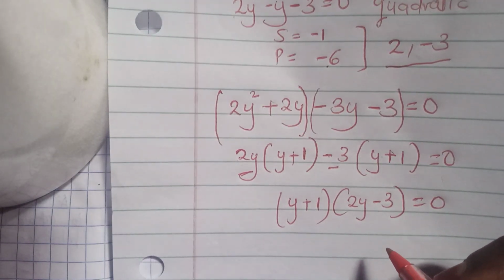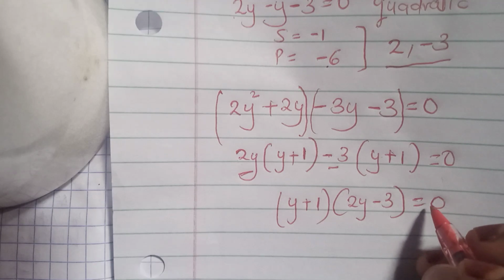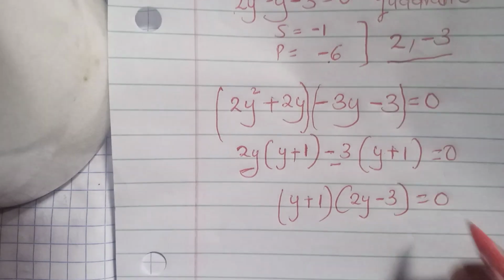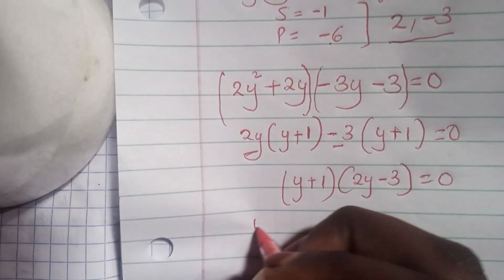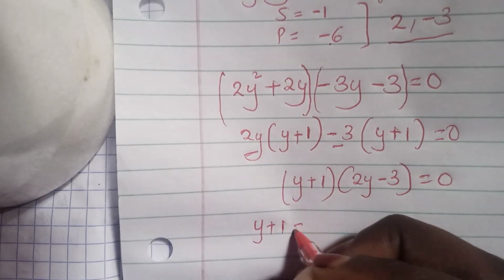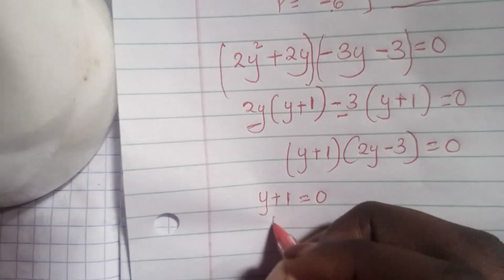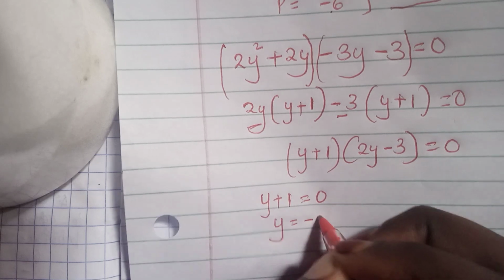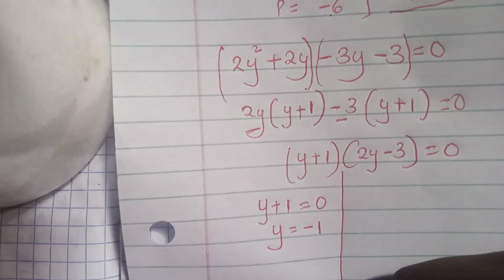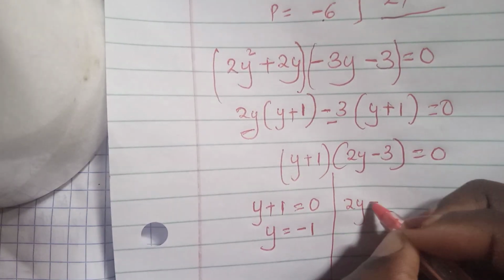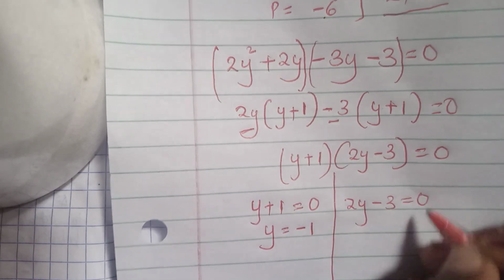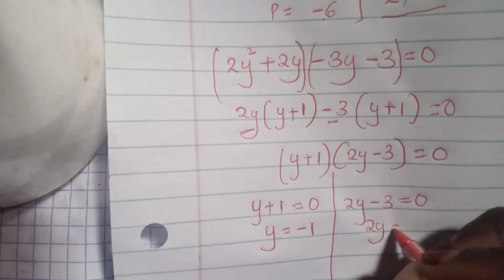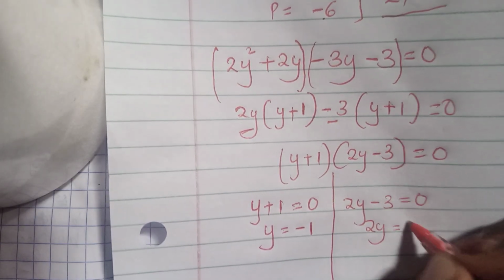Now we are going to equate each term with 0 to solve for the value of y. So y plus 1 is equal to 0, y is equal to -1, and for the other side, 2y minus 3 is equal to 0. So 2y is equal to 3.